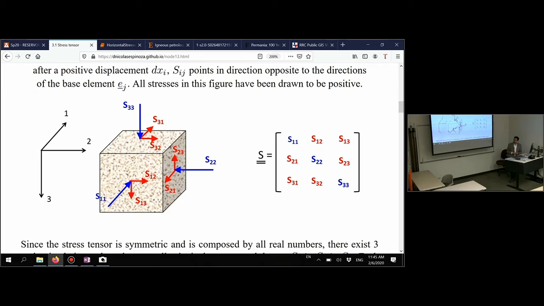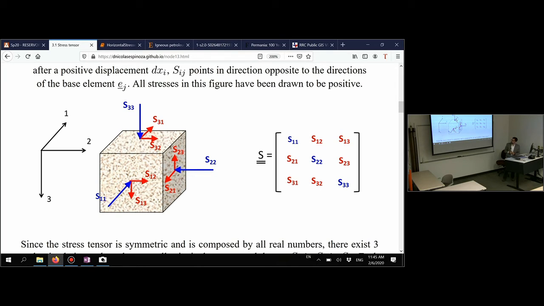The diagonal terms are going to be the normal stresses applied on the face of that prism. And you can see that all those diagonal terms, S11, S22, and S33, the blue ones, are the normal ones. The off-diagonal terms are the shear stresses.